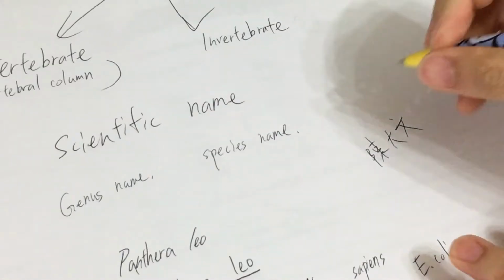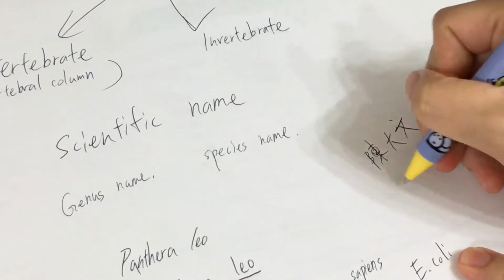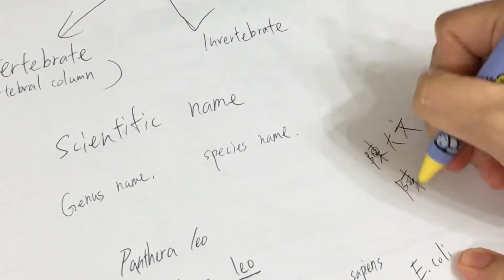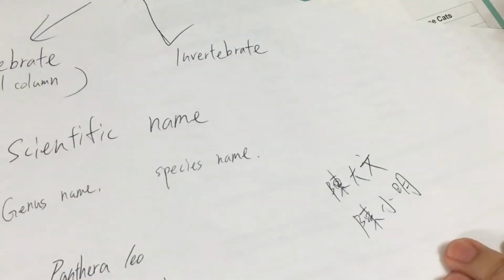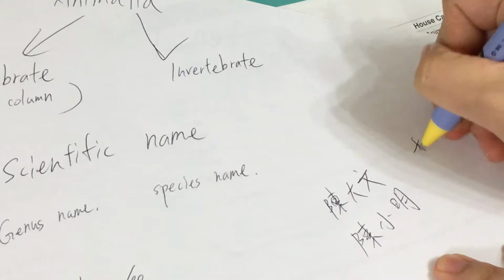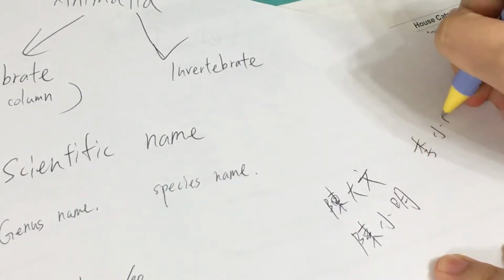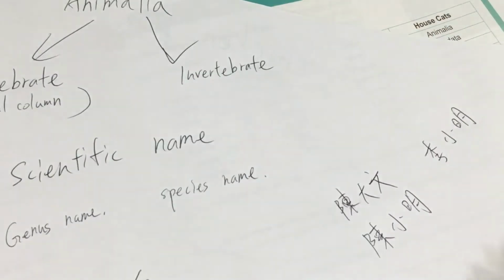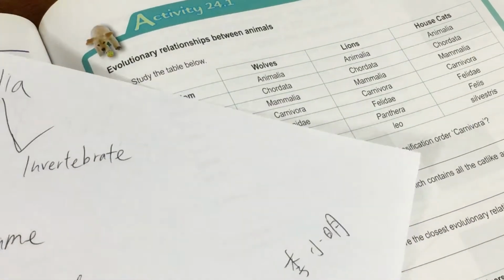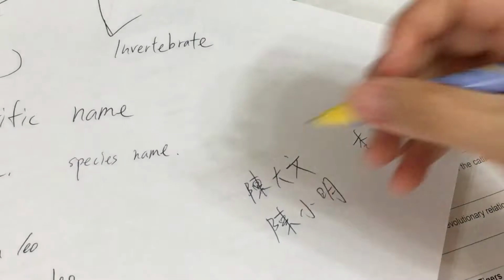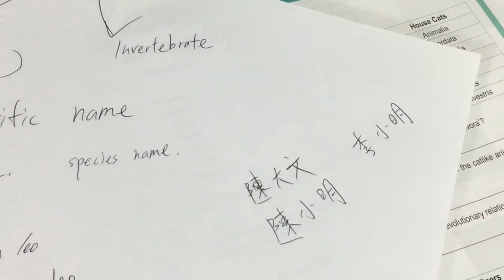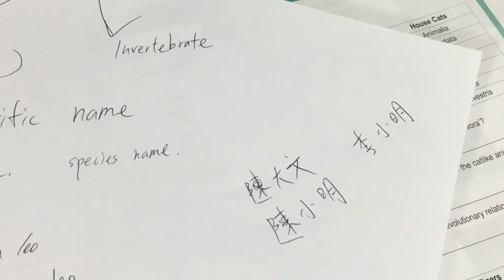But one thing I want you to think about is the relationship. If I have 3 people here, 阿陳大文、陳小明同李小明. If the naming is like this, then 陳 is the genus, 大文 and 小明 are the species.